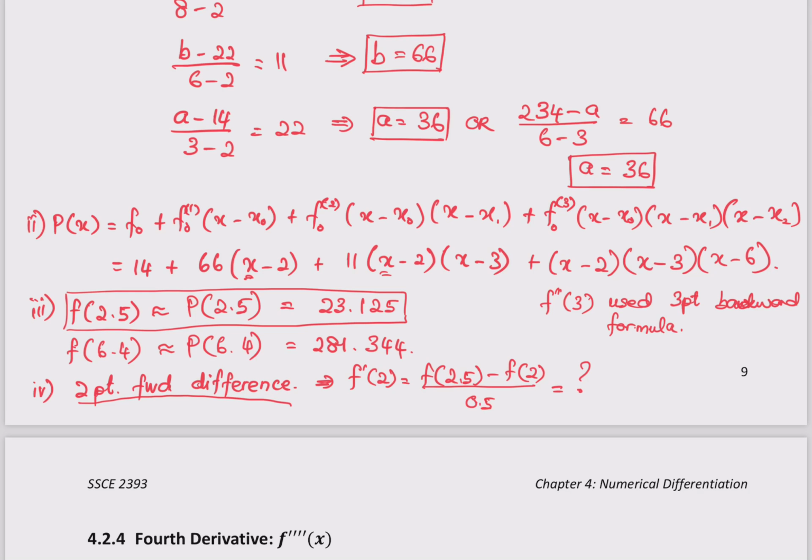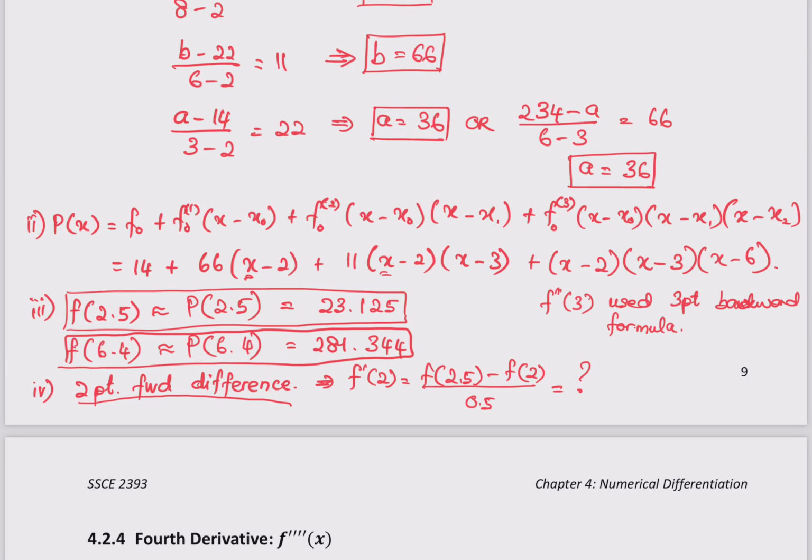I think the best answer is you need to use what you have so far, because in the third question you are also asked to find f 2.5, f 6.4.